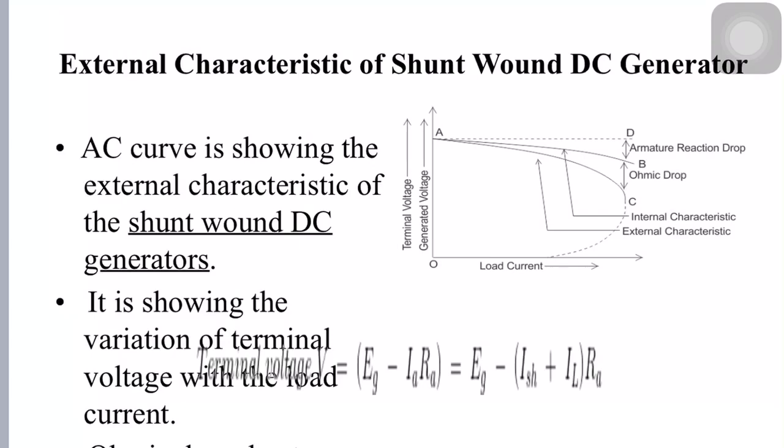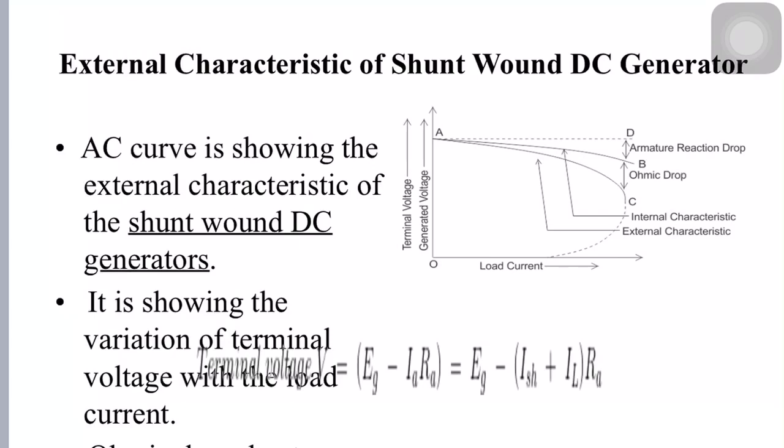And we know the terminal voltage for a DC shunt generator is V equal to EG minus IA RA. Armature current is divided into shunt current and load current. It is divided into two paths, one path to the shunt field and another to the load.